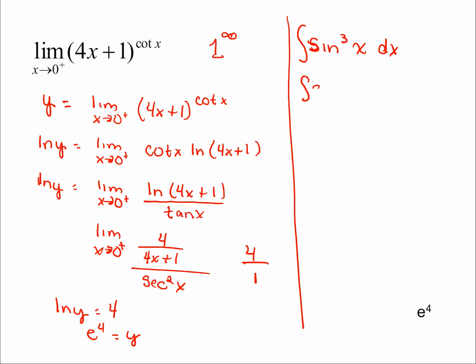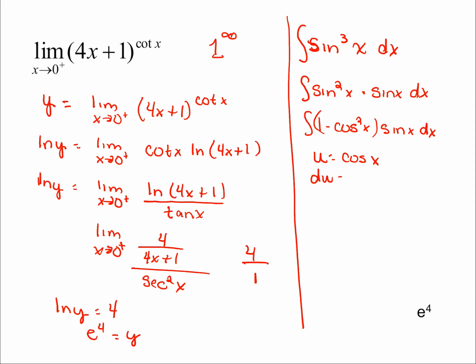We can write this as sine squared of x times sine x dx. And sine squared of x would be 1 minus cosine squared x times sine x dx. So we're still going to have to use a u substitution on this. I'm going to let u equal cosine x. So du is equal to sine x dx, and we have that in our problem already.